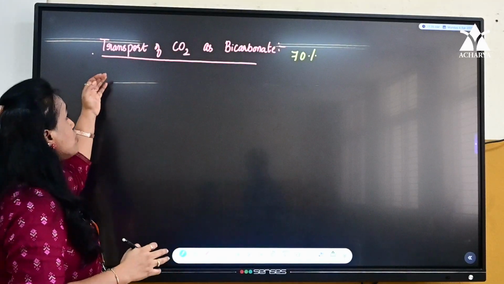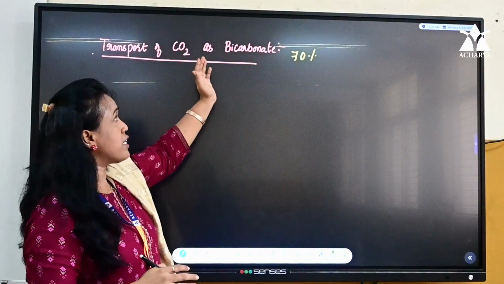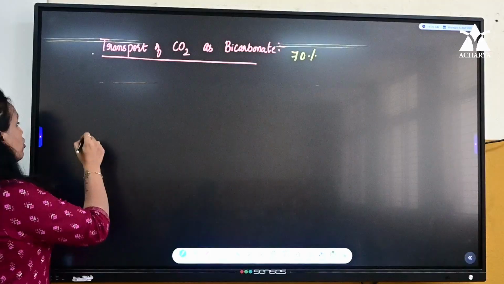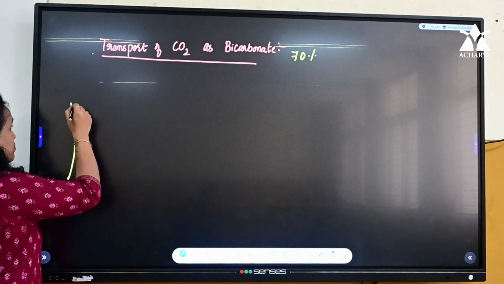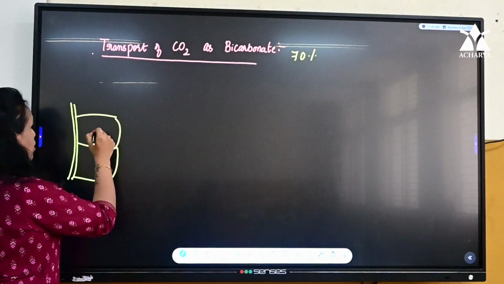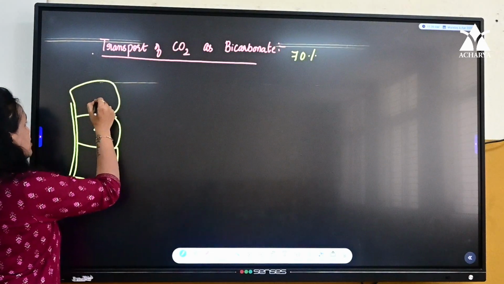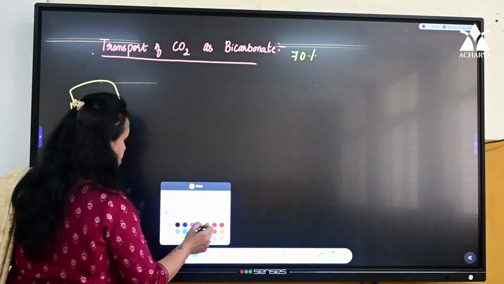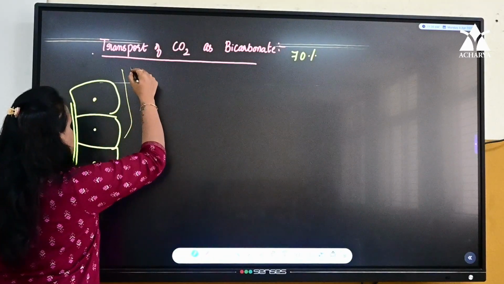Fine. Okay. So as for the transport of carbon dioxide as bicarbonate, it accounts for about 70%. If we look at the tissues, let us assume these are the cells present in the tissues, and the blood vessels are bringing the blood.